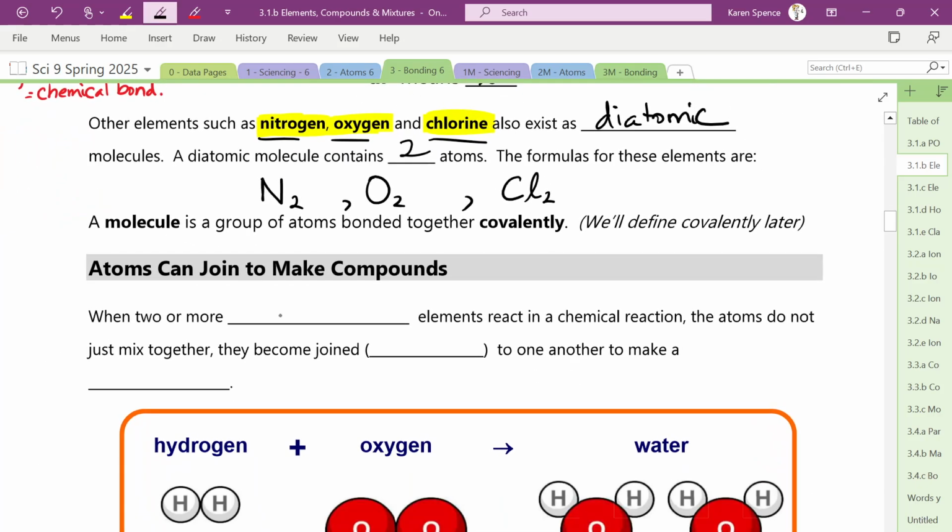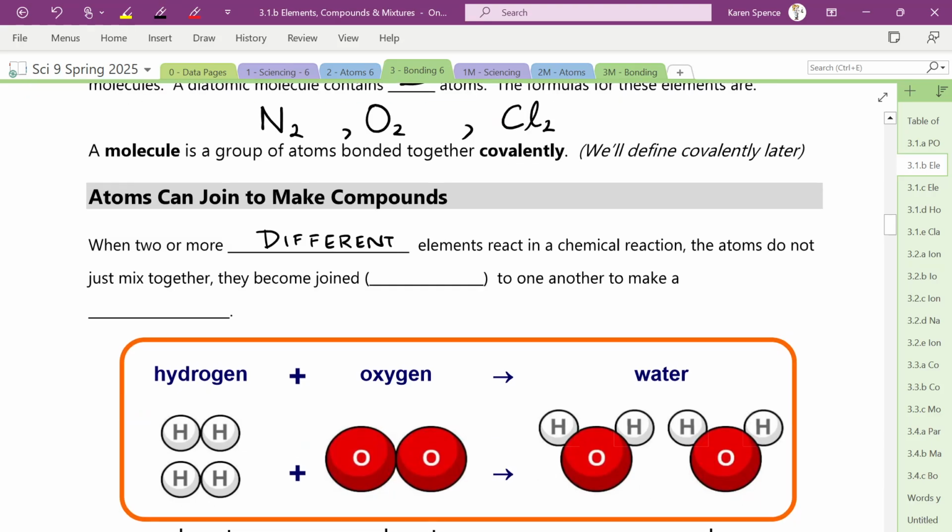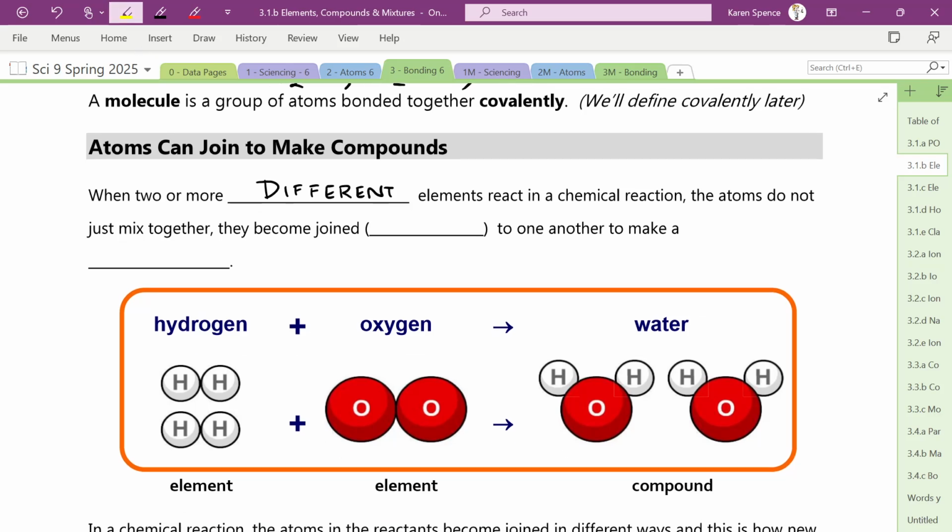Now when two or more different elements, so in this case, we're going to be taking some hydrogen and some oxygen.